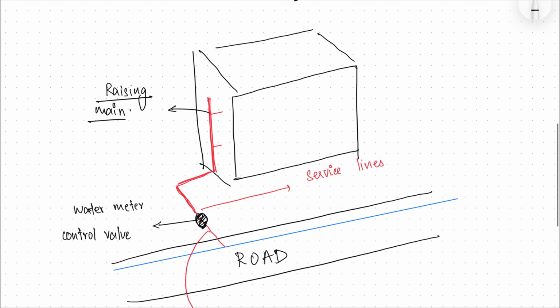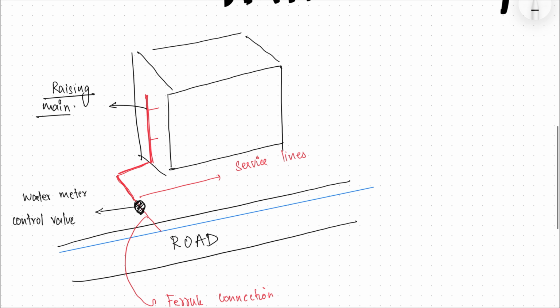Okay, so you have service line that is connected to the main water pipe. This is your municipality water line. So service line is connected to that. And from there, if the pipe is laid across the wall vertically, it's called a rising main.